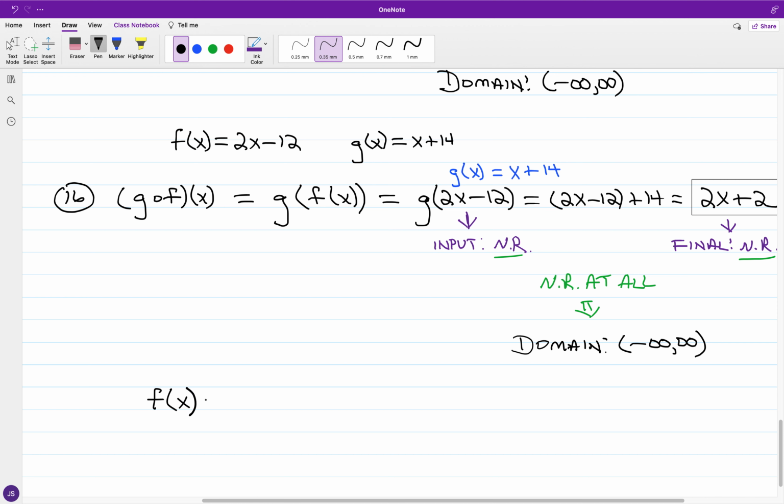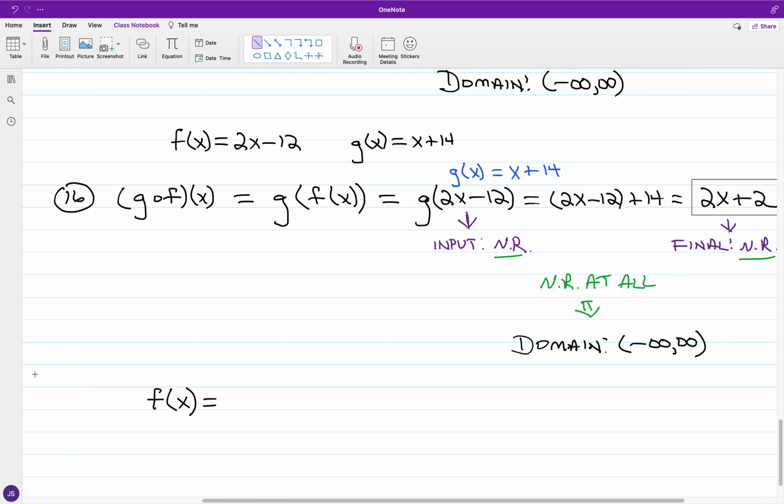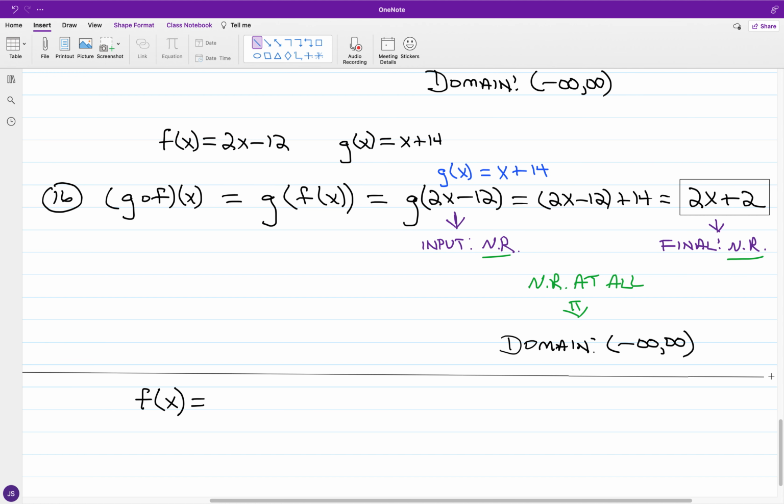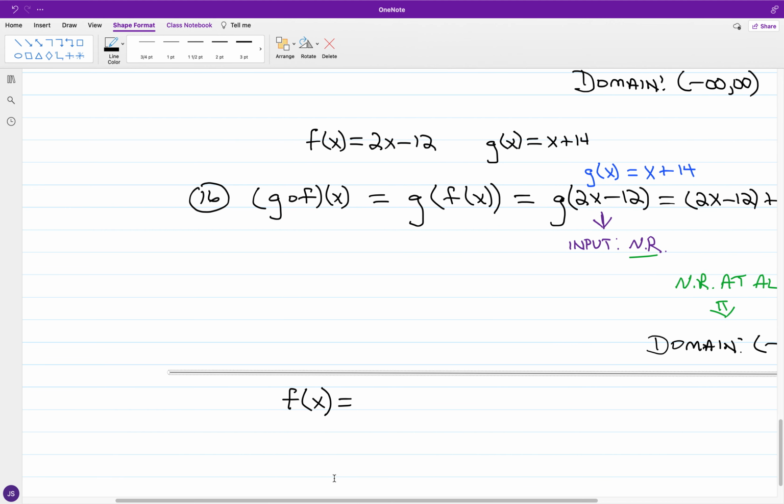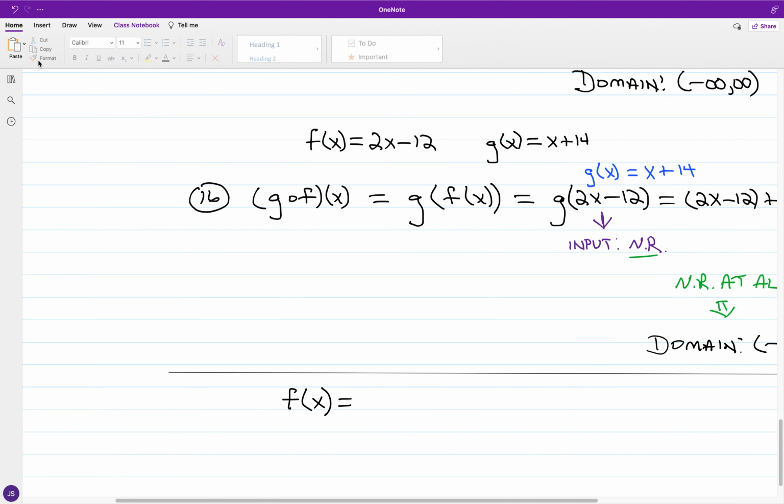Now we have a couple of functions, f of x and g of x. f of x is set equal to 3 over x minus 1.